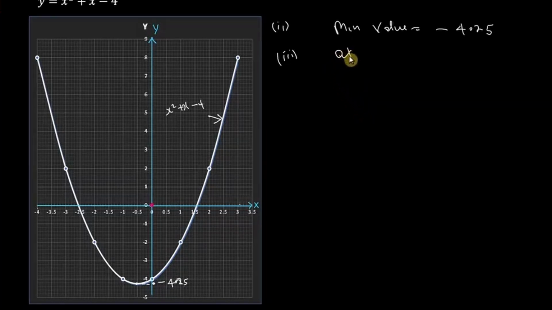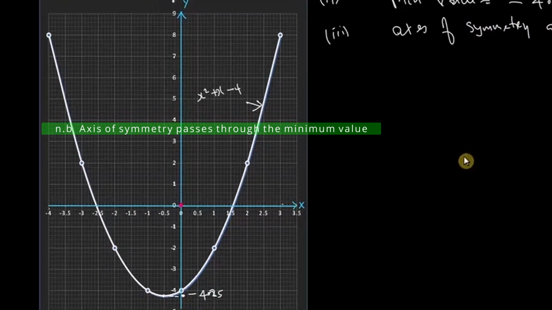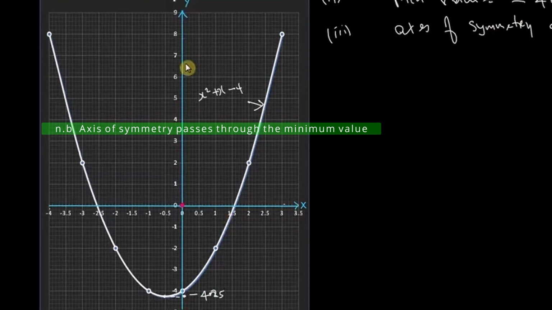What do we mean by the axis of symmetry? I would like you to imagine the axis of symmetry as a mirror line. It is the axis about which this function is symmetrical.